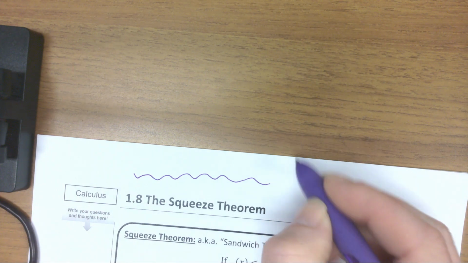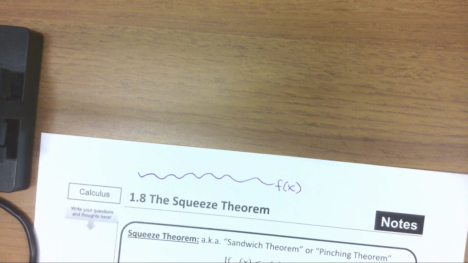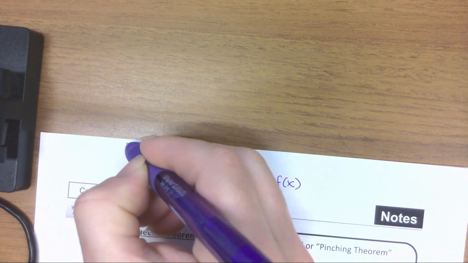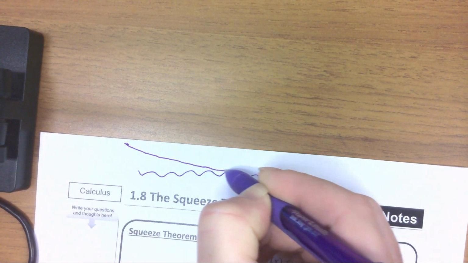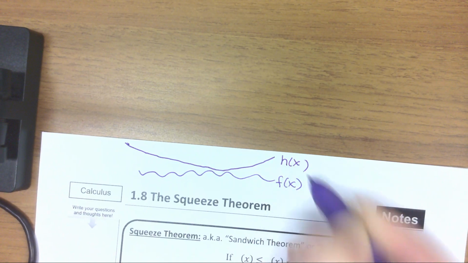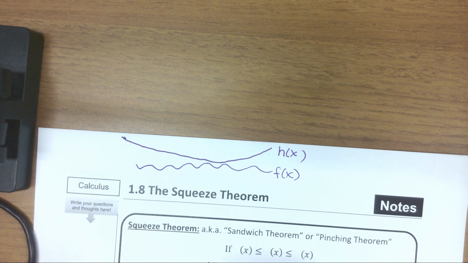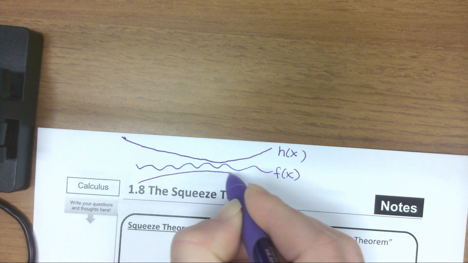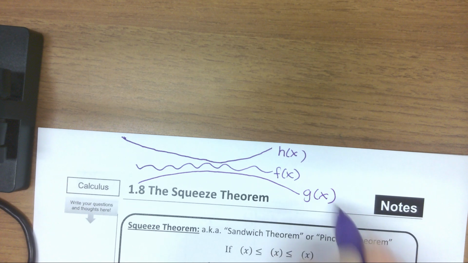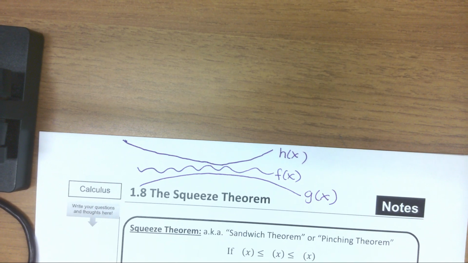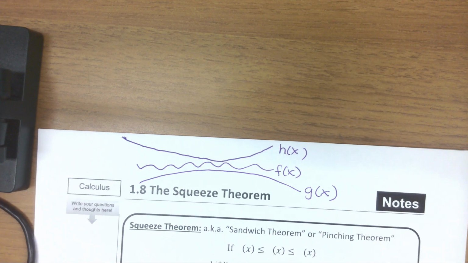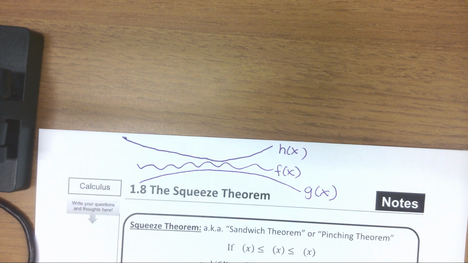And I know that there's two functions that f of x always stays between. So I tell you, hey, it's always going to be less than h of x. Okay, so I have this function h of x here. And it's always going to be greater than, well, I flipped it around, but that's okay, g of x. So the concept here is that, do you see how h and g are kind of squeezing that function f together?